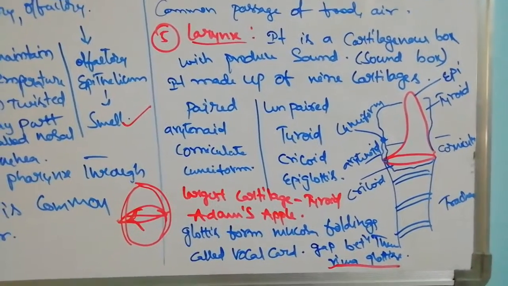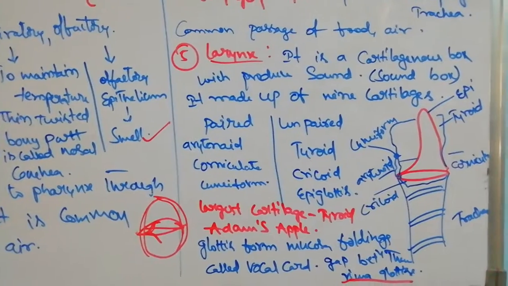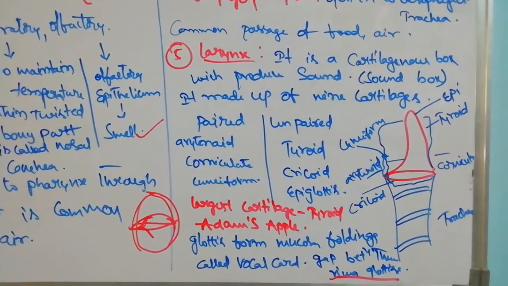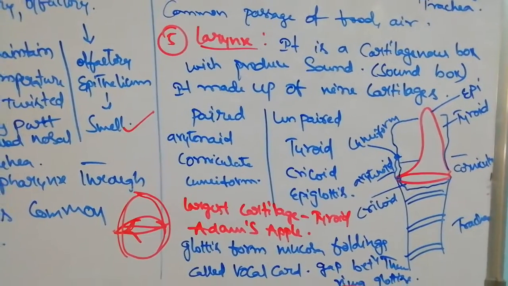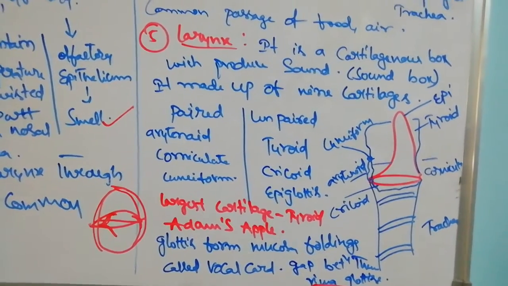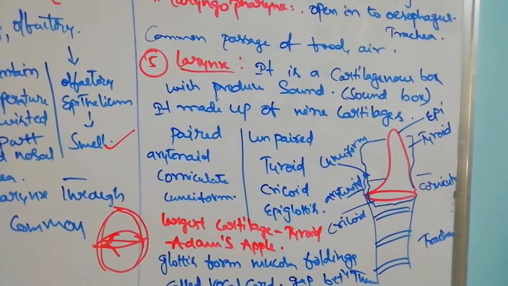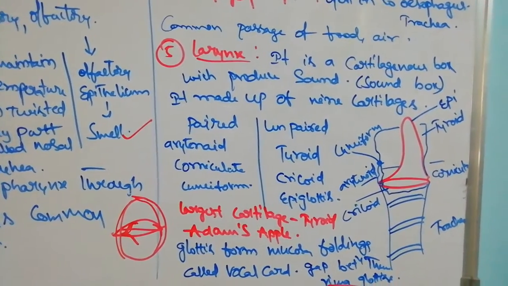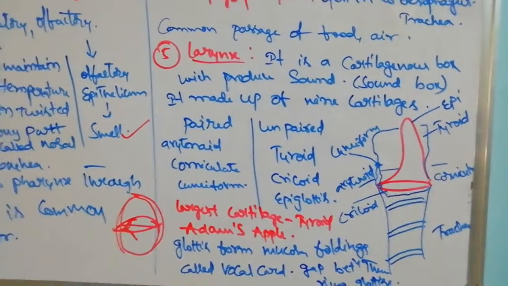The mucus foldings between the thyroid and the glottis are called the vocal cords. The distance between these vocal cords is called the rima glottis. It is very important. The space or gap between the two vocal cords is called the rima glottis.